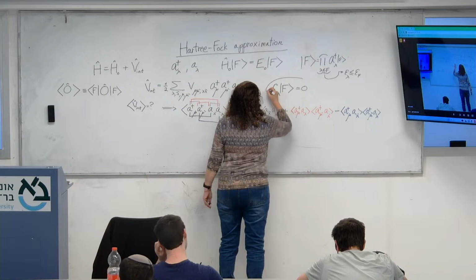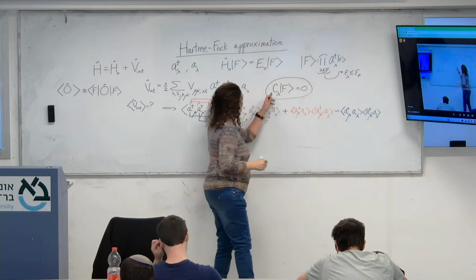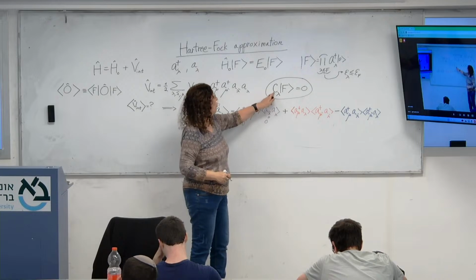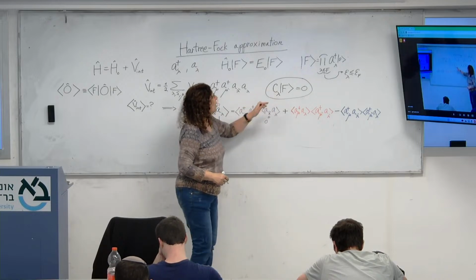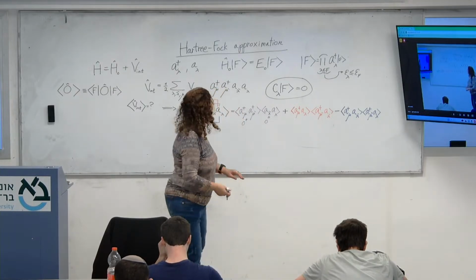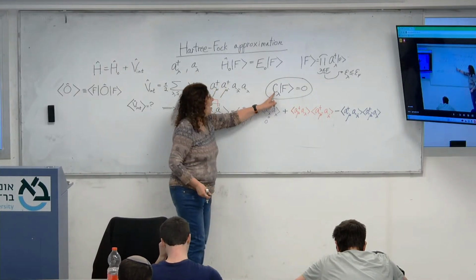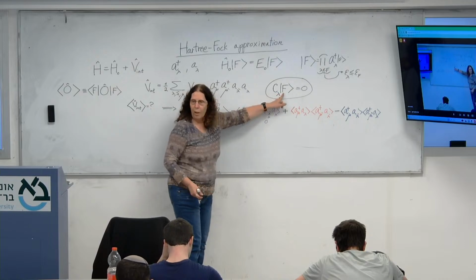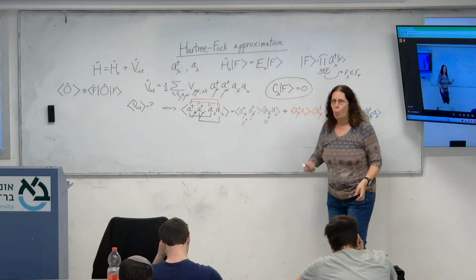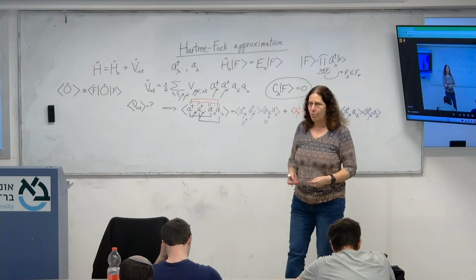If you like, this is a definition of C. So this is what I want. I look for some transformation from A and A dagger to C such that the C will act as annihilation operators on F. And therefore the C dagger will create particles about this state.